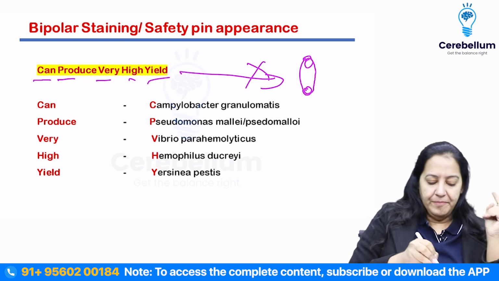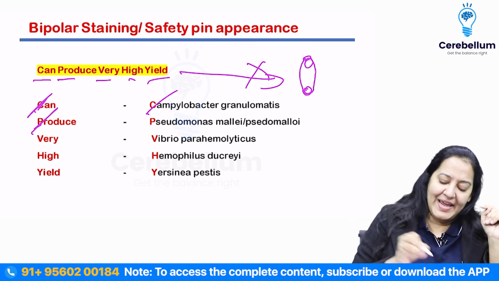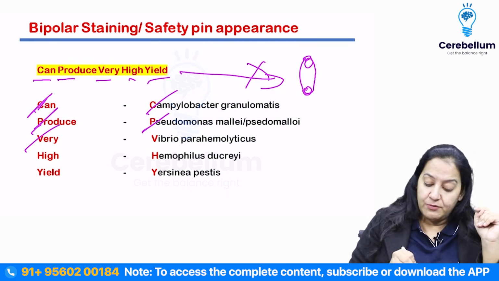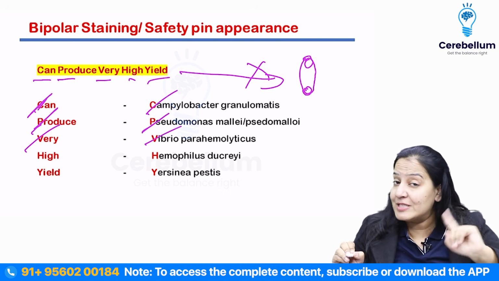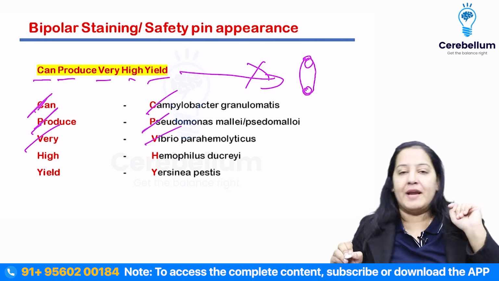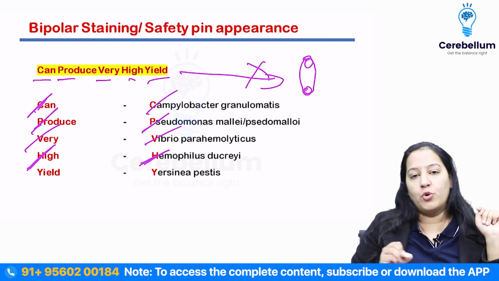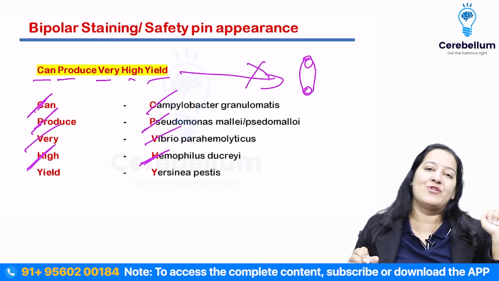So say the full form. C stands for Campylobacter. P stands for Pseudomonas mallei. V stands for Vibrio, but please mind it, it's not Vibrio cholerae, it's Vibrio parahaemolyticus. High, H stands for Haemophilus ducreyi. Please mind it, it's Haemophilus ducreyi, not Haemophilus influenzae.